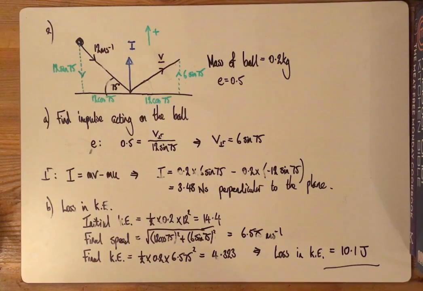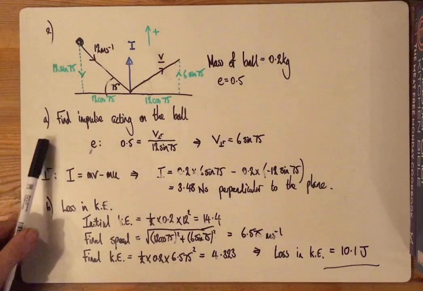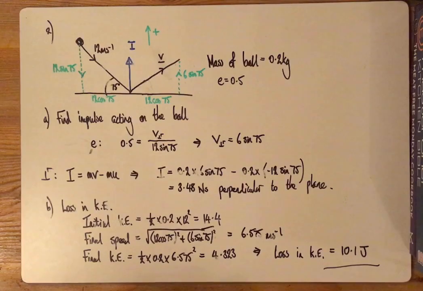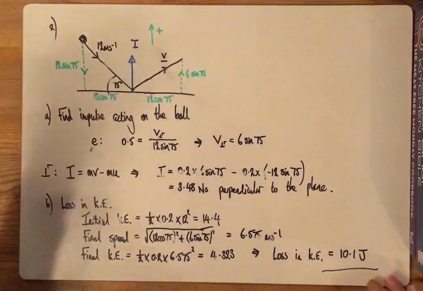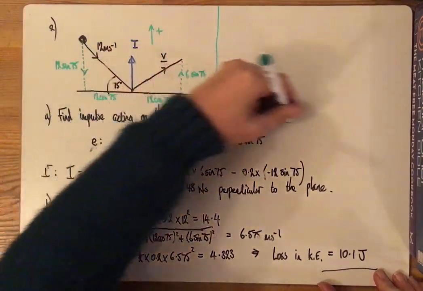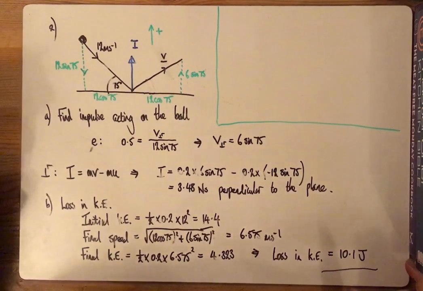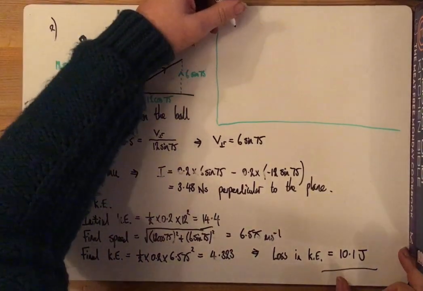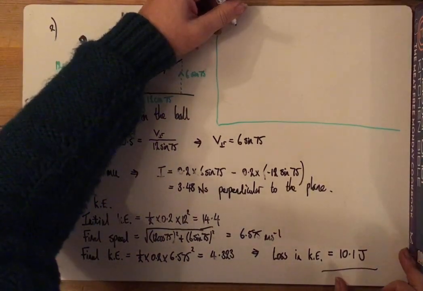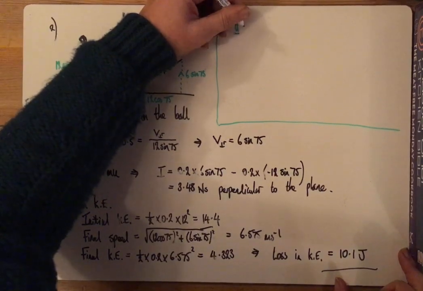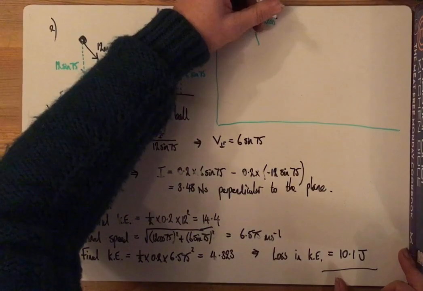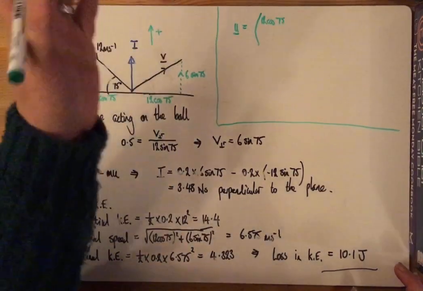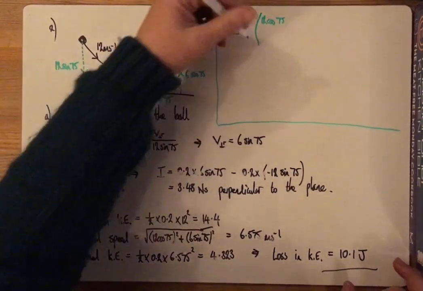The only other way you could possibly think about working with this, so for question A, just to give you another way, I quite like this, I think. This feels more intuitive. But you could set it up as vectors if you wanted to. So you could think, well, that final velocity, well, no, let's start with the initial. The initial velocity is 12 cos 75, but you still need to think about having a positive and a negative direction.